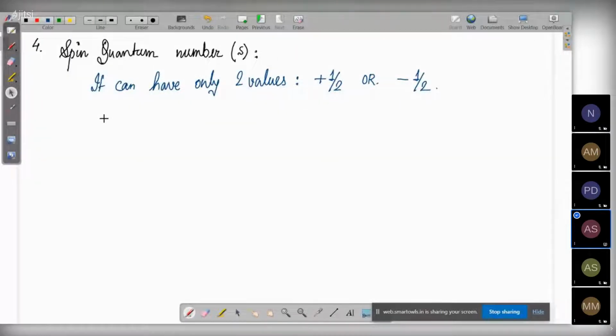It is not fixed that plus half means clockwise and minus half means anti-clockwise. You can take plus half to be either clockwise or anti-clockwise, that is up to you. But if one is clockwise, the other will be anti-clockwise. That is the significance of plus half and minus half.